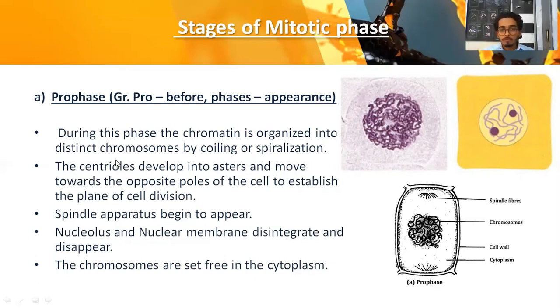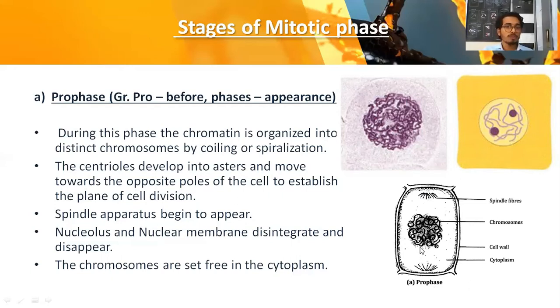The centrioles move towards the opposite poles, and the asters start producing the spindle apparatus, or spindle fibers. Clear? Then slowly the nucleolus and the nuclear membrane start to disappear, and the chromosomes are set free into the cytoplasm.